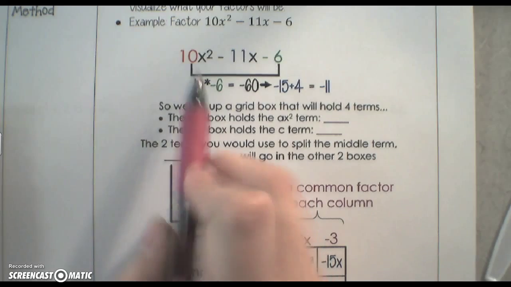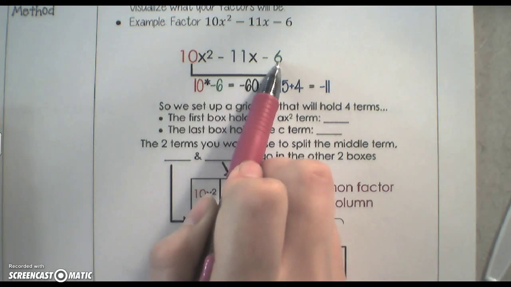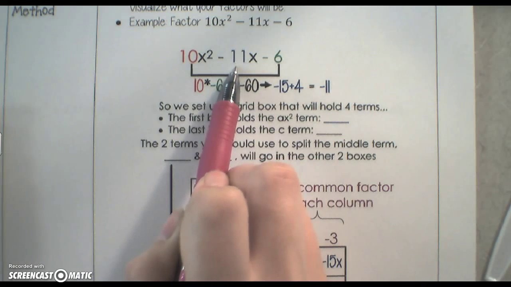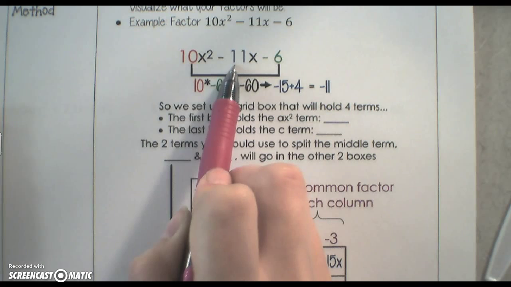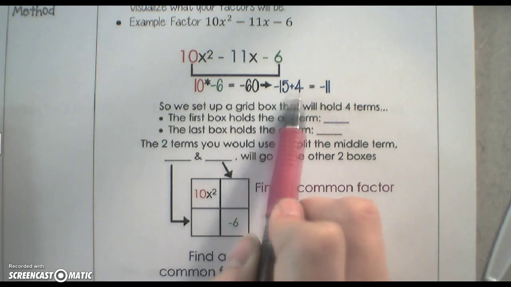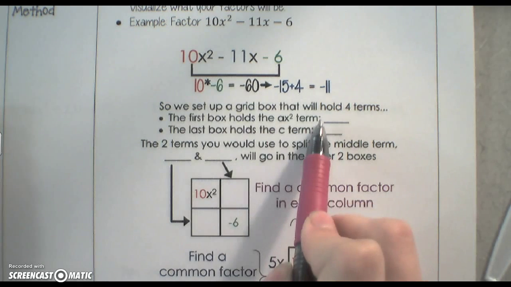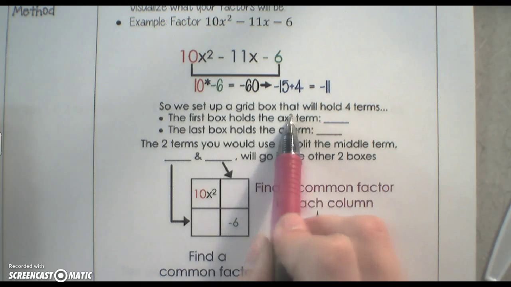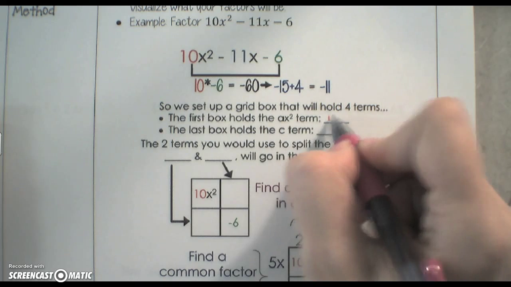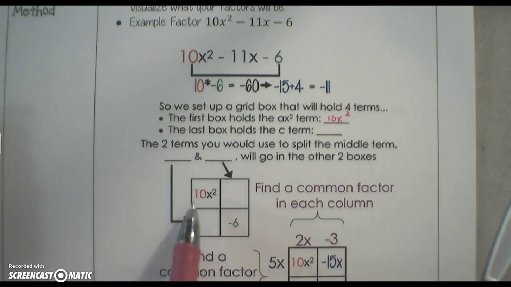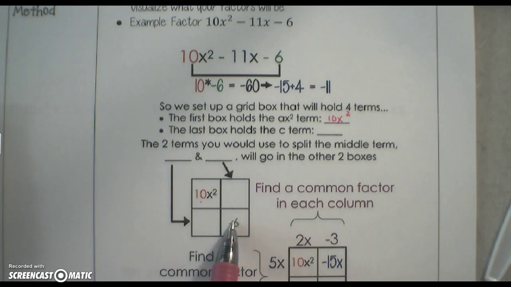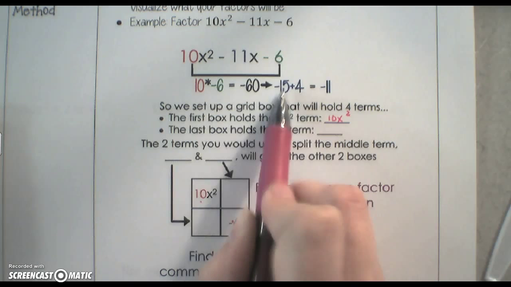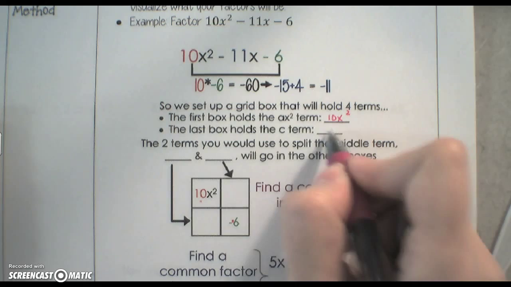So what we do is the same method, first times last, come up with the factors of -60 that add to get -11. So that'd be -15 and 4. And the first box holds the x squared term. In this case, our 10x squared would go in this first box. And then our bottom right box is going to hold that last term, -6.